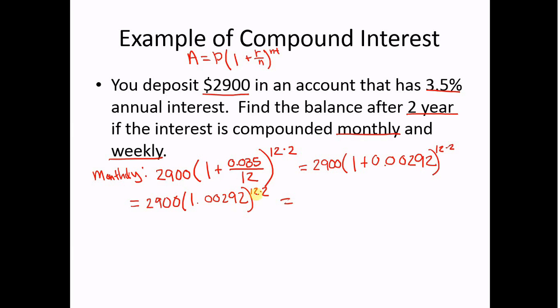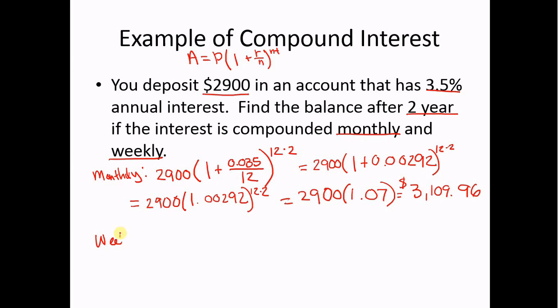So 1.00292 to the 24th power is 1.07 approximately. When I multiply that, I get $3,109.96 finally. So that's monthly. After 2 years, that's how much money I'm going to have at the end.